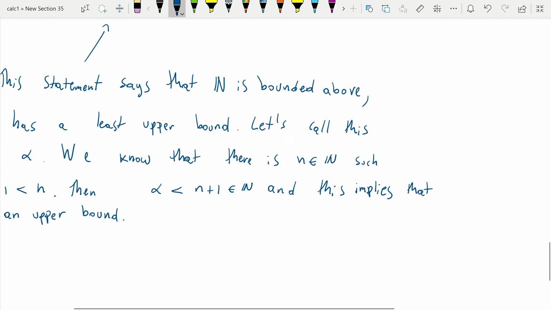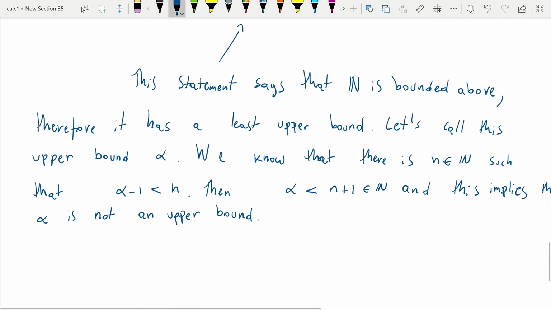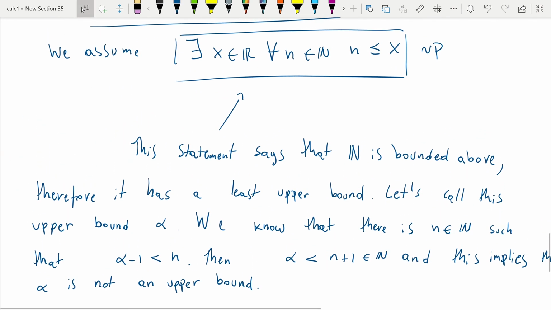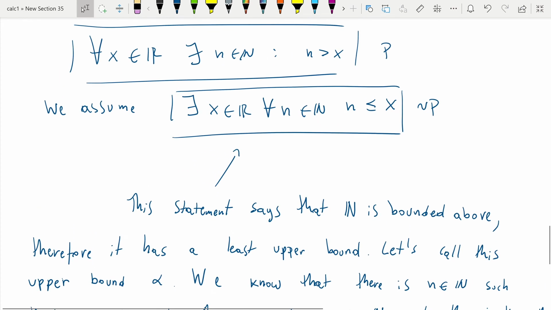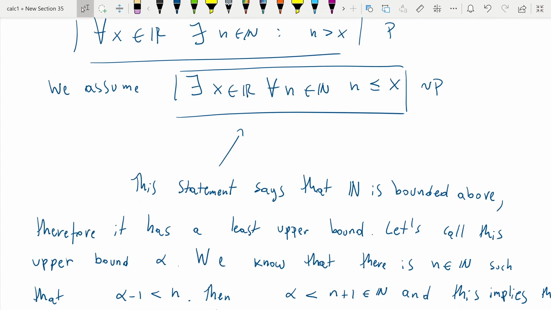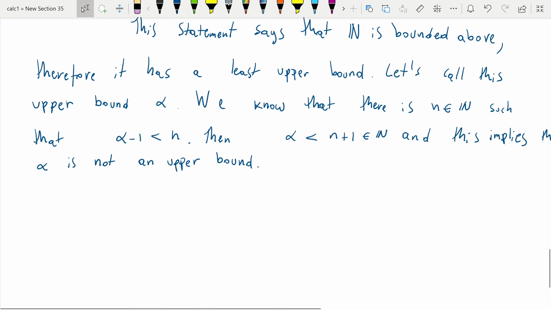It's not even an upper bound, so it cannot be a least upper bound. So this actually shows that the set N doesn't have a least upper bound. So that's a contradiction, right? This is a contradiction.